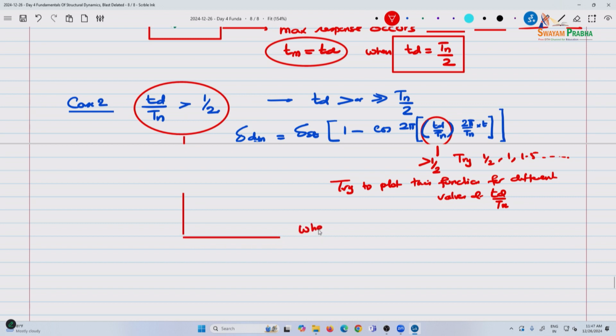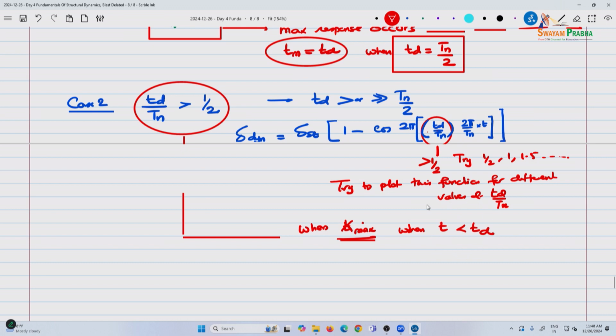And so what you will see is, if you solve for this case, you get X max when T is less than Td. So let's just say 1, right? Then 2 pi by Tn, you will see that the maximum will occur when T by Td is less than 1, or during the load duration.